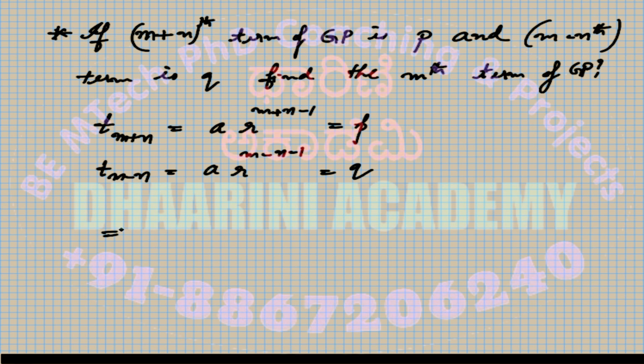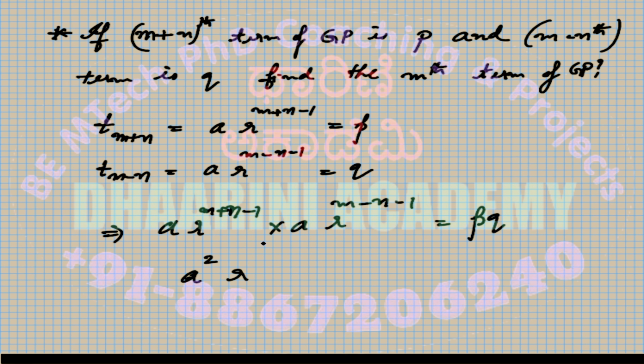So if I multiply A into r to the power m plus n minus 1 into A into r to the power m minus n minus 1, the right side is P into Q. So this is A square into r to the power m plus m is 2m, n and minus n will cancel, minus 1 minus 1 is minus 2, is equal to PQ.